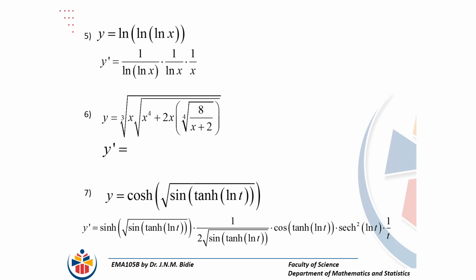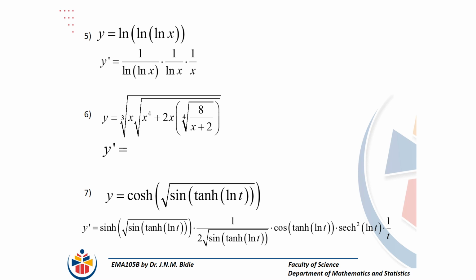So that means if the argument of the outer ln is ln of ln x, we'll have 1 over ln of ln x multiplied by the derivative of ln of ln x. Now we differentiate that ln. Again, we have 1 over ln x multiplied by the derivative of the last ln x, which is 1 over x. I'm hoping you are with me.